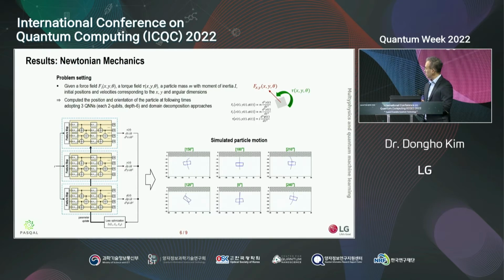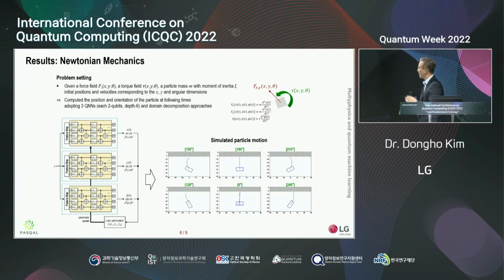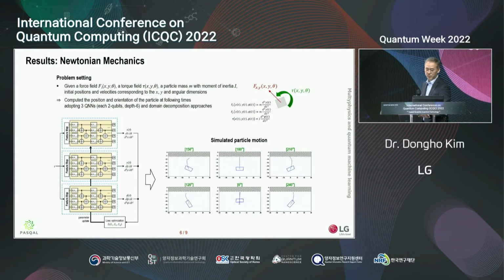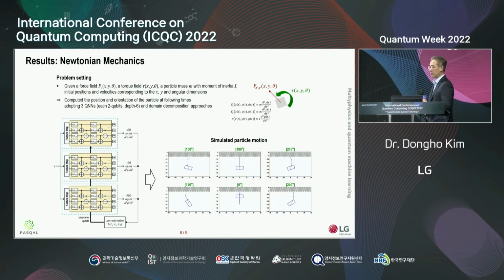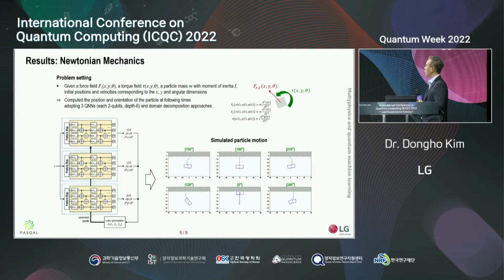This is a little bit cute. The particle is moving based on the electric field. The electric field is given for this experiment, and the particle is moving according to the electric field, as you would expect.